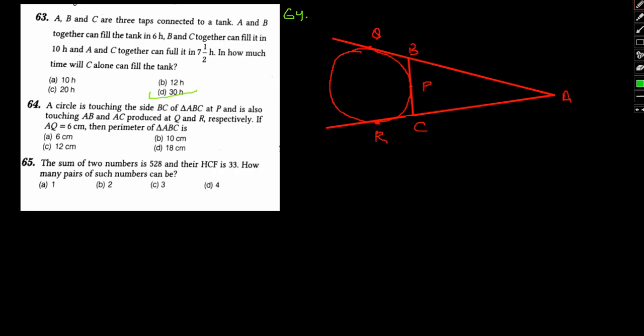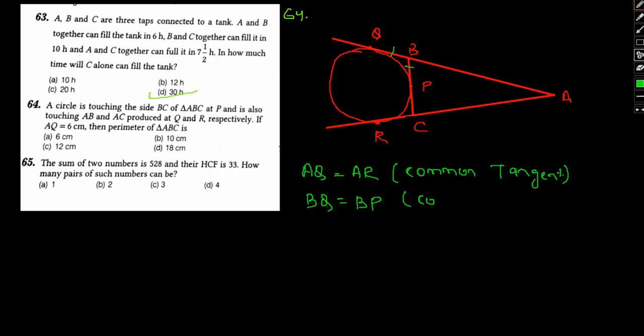Now let's try and understand something. Here AQ will be equal to AR, that is common tangent. Again BQ will be equal to BP, similarly common tangent. This will be equal to this.